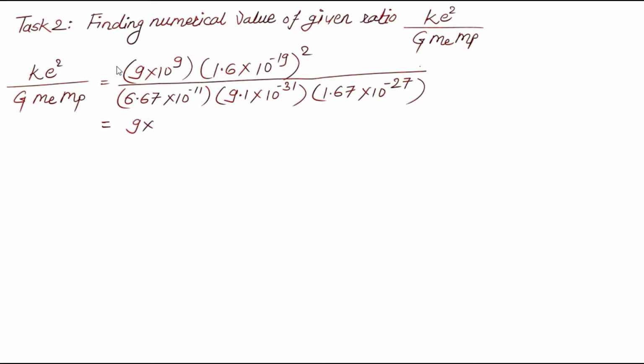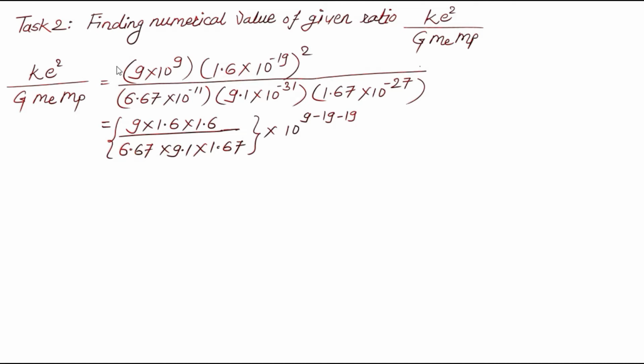Before that, let's simplify it like this: 6.67 into 9.1 into 1.67, into 10 to the power of 9 minus 19 minus 19, as it is squared, and these powers become positive because of the shifting to the numerator.